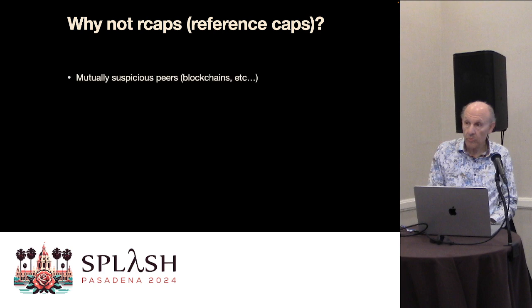So our constraints are mutually suspicious peers, blockchains, other machines. The VAT-to-VAT communication basically just needs to be a secure bidirectional data pipe. So TLS among normal machines, and IBC, the inter-blockchain protocol, is a protocol to do TLS-like bidirectional data pipes between blockchains.